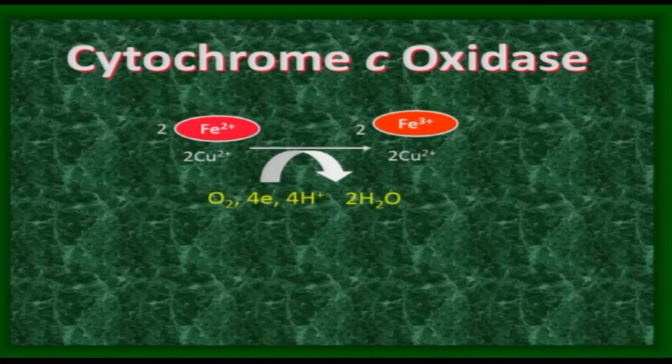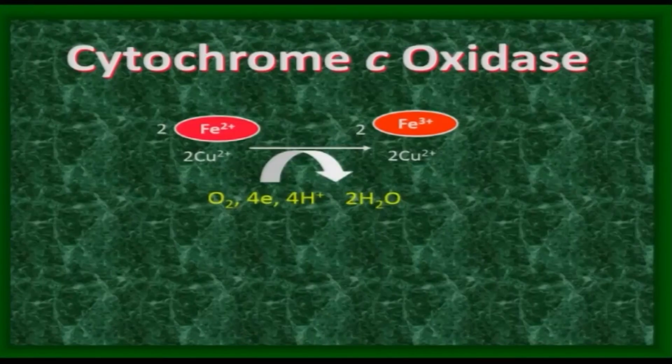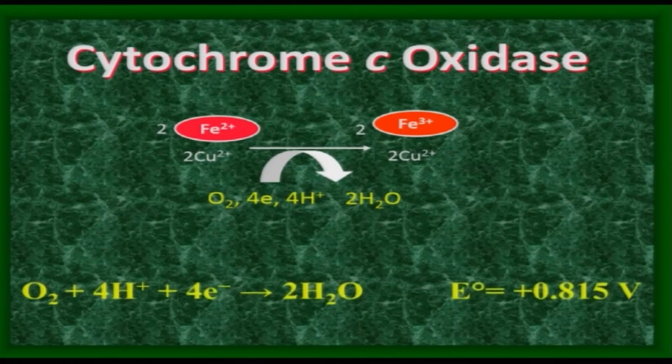The great oxidizing power of dioxygen is utilized in respiration to produce a huge amount of energy, and cytochrome c oxidase is the terminal member of this respiratory chain, in which dioxygen converts to water with the help of 4 protons and 4 electrons. This is the reaction.